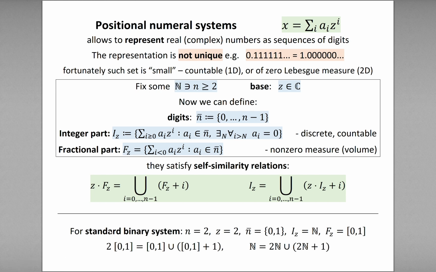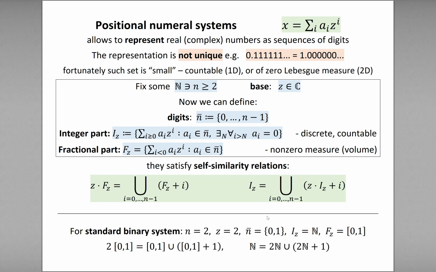It satisfies a self-similarity relation: if we multiply by 2, the base of this system, we get all the numbers which have 0 or 1 as the first digit, then comma, and any digits after the comma. So we get a union of 2 copies shifted by 1, by the choice of the first digit before the comma.